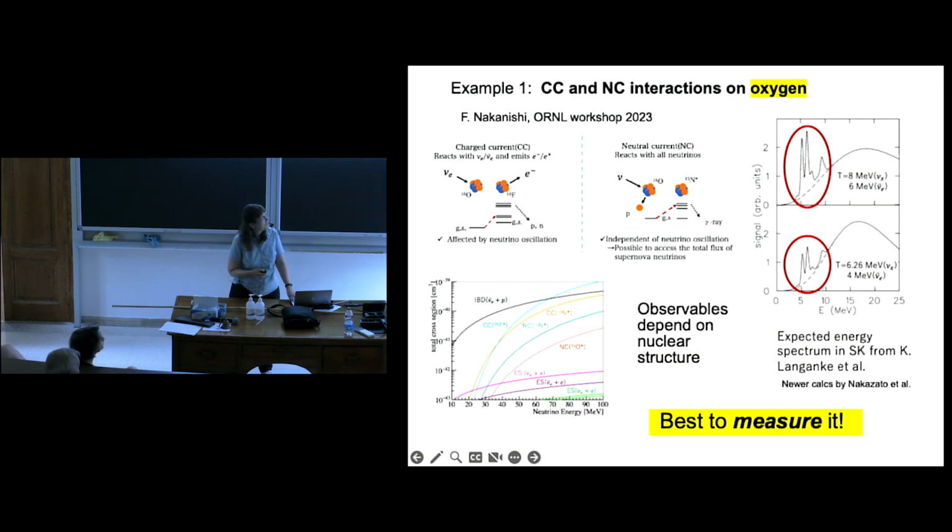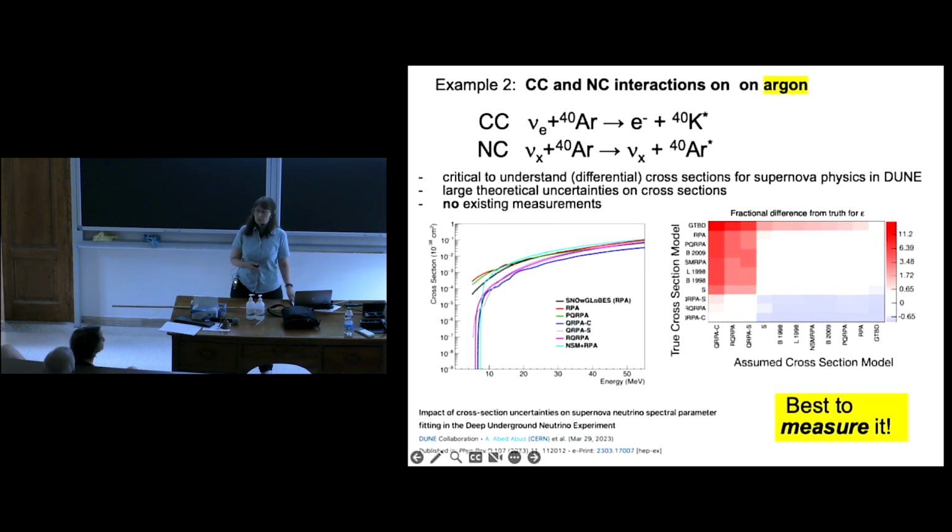This is something where, if possible, we would like to actually measure what the response of a nucleus is to neutrinos of given energies. Here's another example, where this paper has a study of how well it would be possible to extract one of the simplest parameters out of a supernova, just the total energy that is emitted from the supernova. This is from a measurement in argon, so this would be in DUNE, using the charge current interactions.